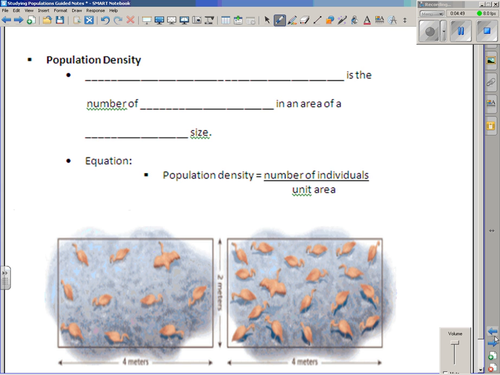We also need to discuss population density. And population density is the number of individuals in an area of a specific size.